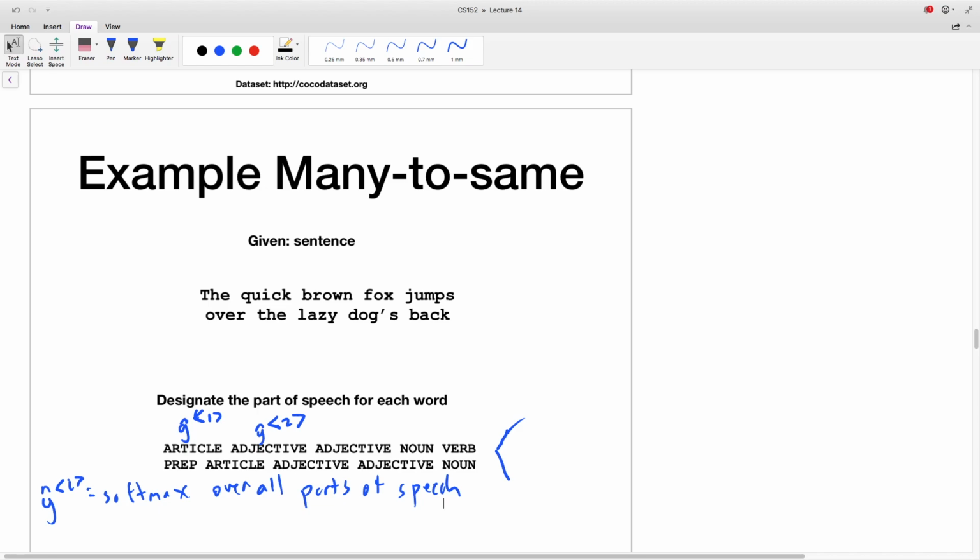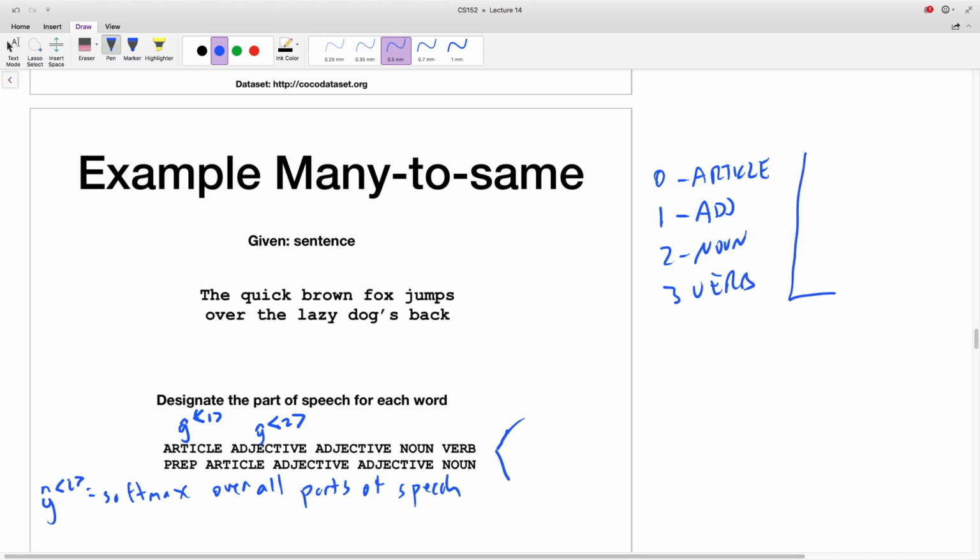Yeah. So you mean over all parts of speech, are you saying the softmax over the number of articles that it can be? I'm going to say what we have is, let's say 0 is article, 1 is adjective, 2 is noun, 3 is verb, and then we're going to do a soft one-hot encoding.